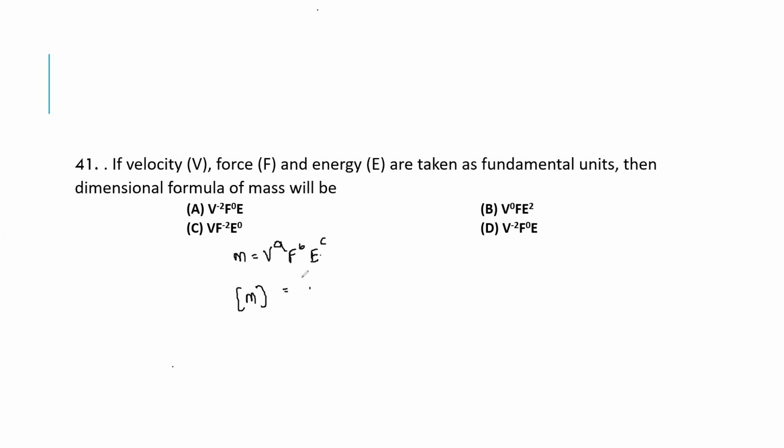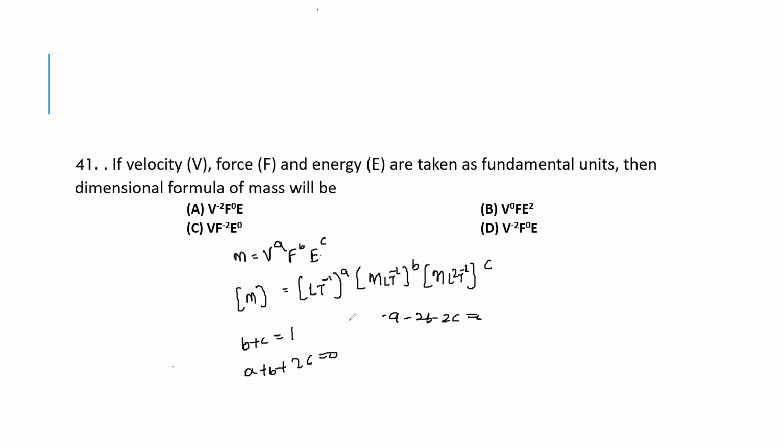Therefore, mass is equal to L T raised to minus 1 to the power of A. Then force is M L T raised to minus 2 to the power of B. Then energy is M L raised to 2 T raised to minus 2 to the power of C. Therefore, equating on both the sides, I'll get B plus C is equal to 1, A plus B plus 2C is equal to 0, and minus A minus 2B minus 2C is equal to 0.